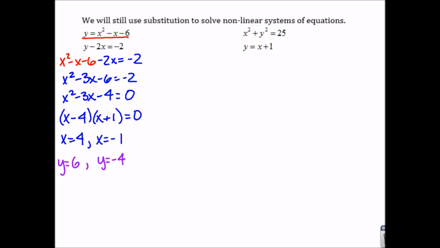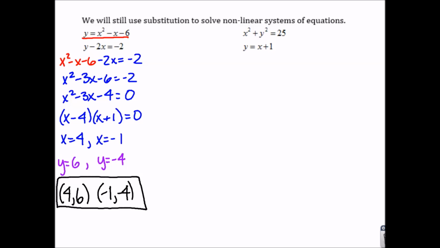So again, you're going to write your answers as ordered pairs. So 4, 6 was one ordered pair, and negative 1, negative 4 was the other. So you have 2 answers for this one. And again, you can check these by graphing, or you can check them by plugging the numbers back in.